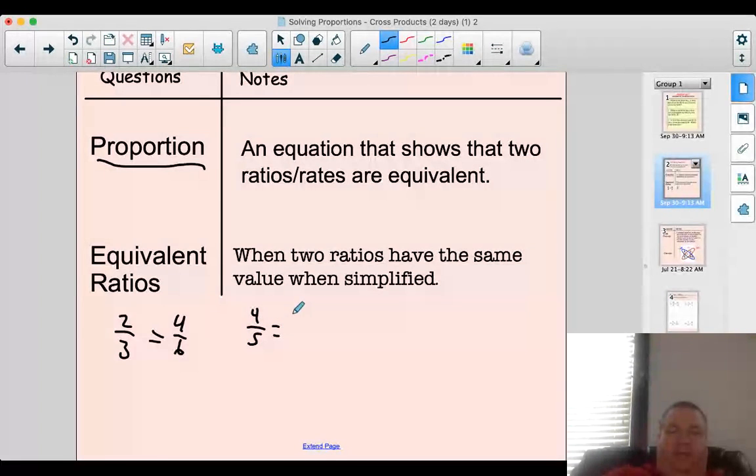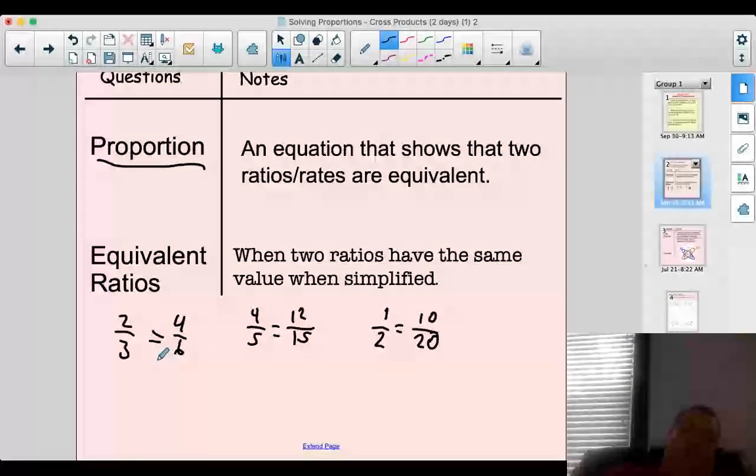So 4 times 3 is 12, 5 times 3 is 15. So 4 to 5, 12 to 15 are equivalent ratios. Let's do 1 to 2, and then let's say 10 to 20. So I multiply top and bottom by 10. So here I have three separate examples of equivalent ratios.